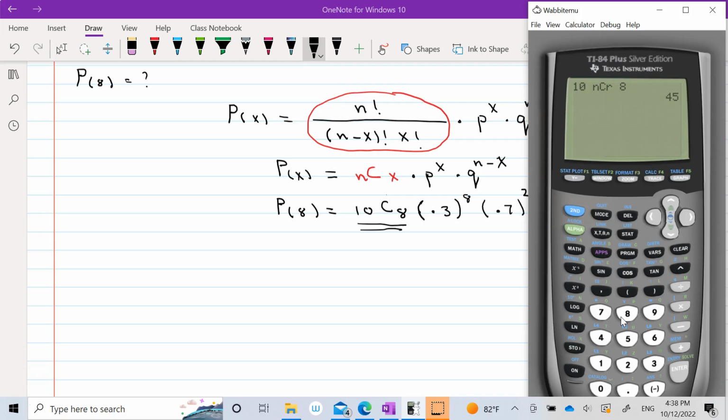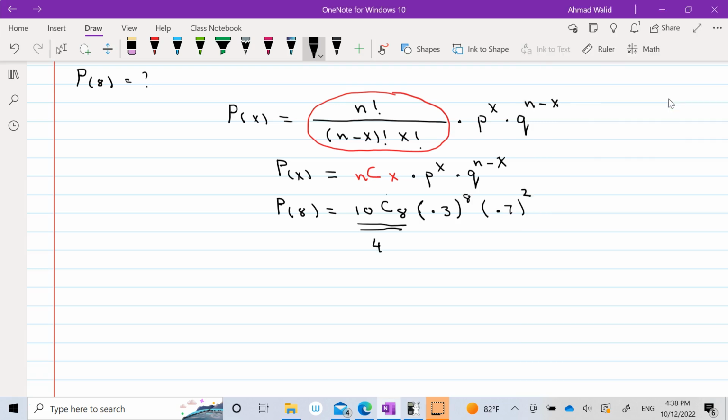Instead of using this n factorial over n minus x factorial, you can easily use your calculator, which gives you 45. Correct? Then I can say P of 8 equals 45 times 0.3 to the power of 8.